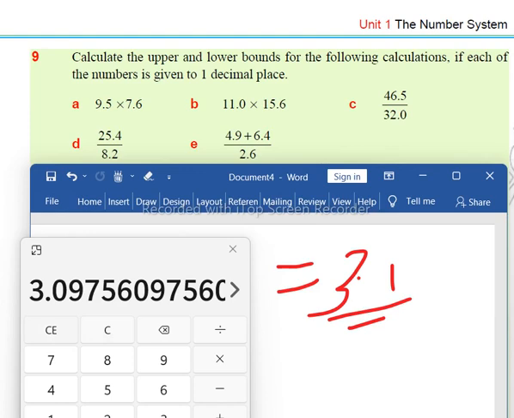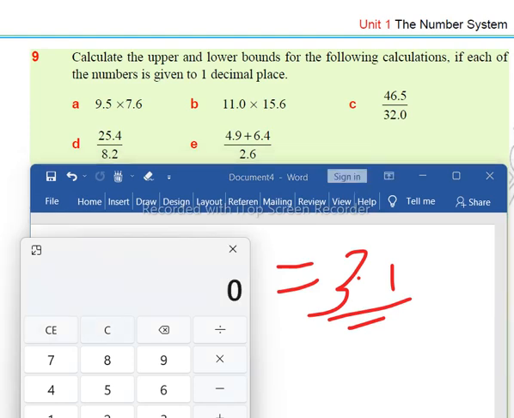And let us do the upper and lower bounds for the number 25.4. The upper bound of 25.4 is 25.45, divided by the upper bound of 8.2, which is 8.25.